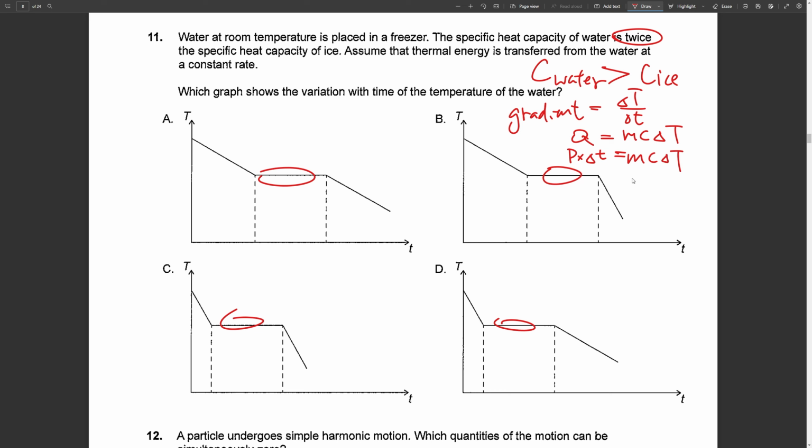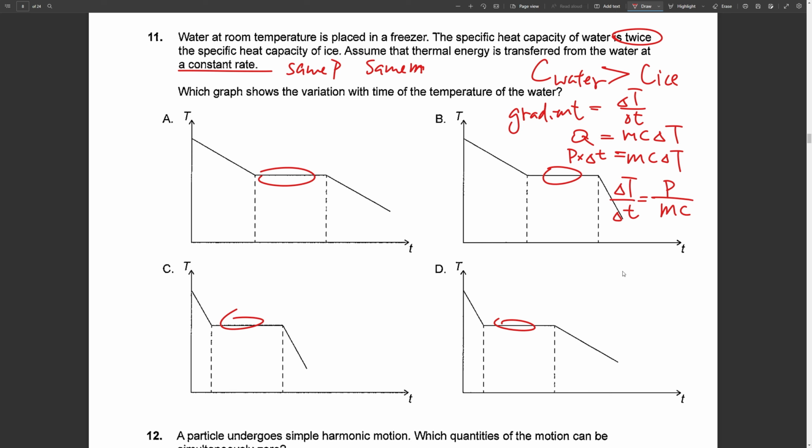And here, let's rearrange to get the gradient. Delta temperature over delta time equals P over mc. They share the same P according to the question, constant rate, same P. And it is the same amount of water turning into ice, which means it has the same mass as well.